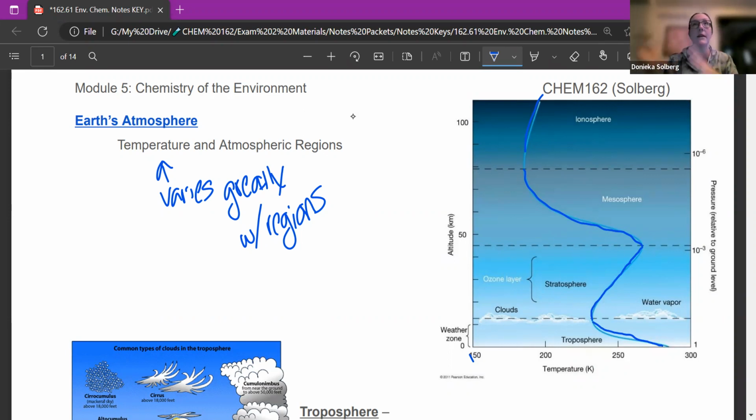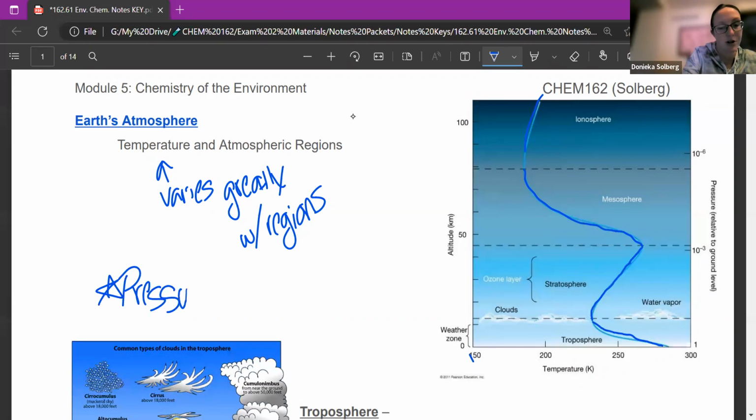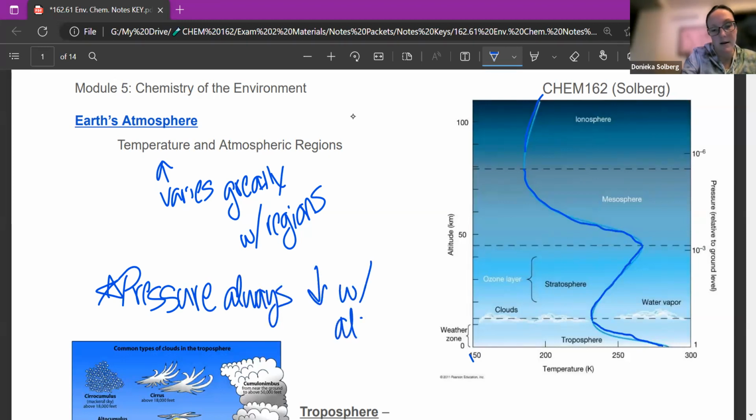So essentially, fewer particles means there's less hitting you, so less pressure. So pressure always decreases with altitude. Okay, temperature varies, pressure always decreases.